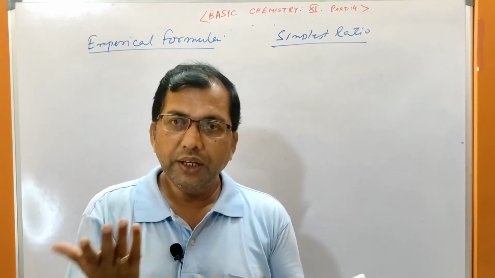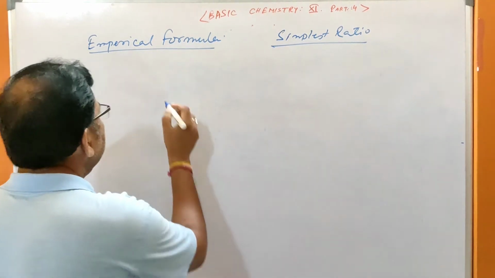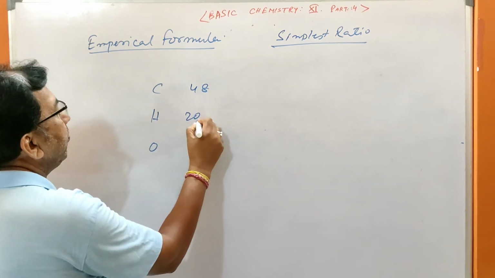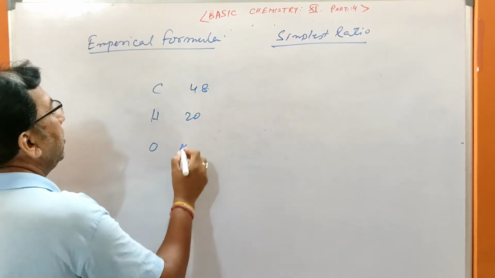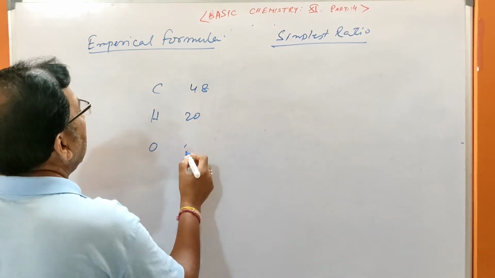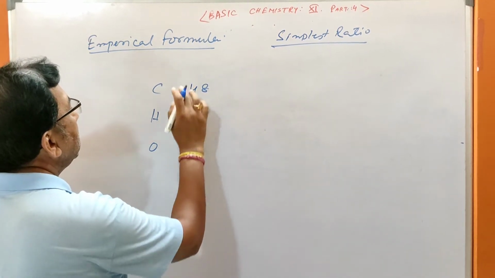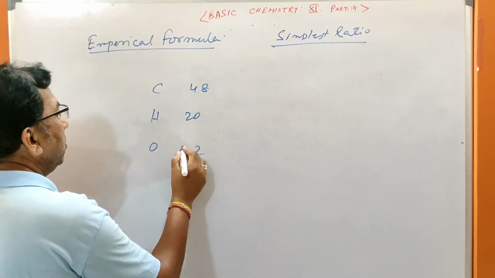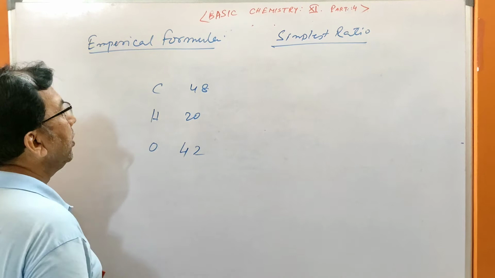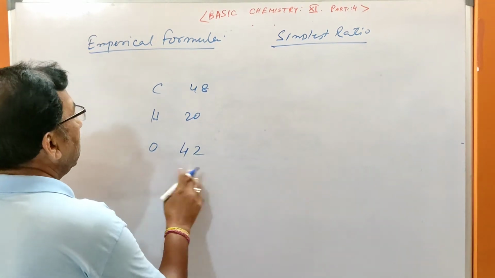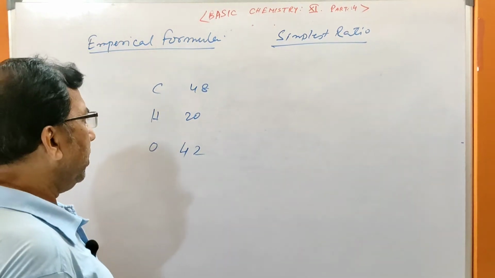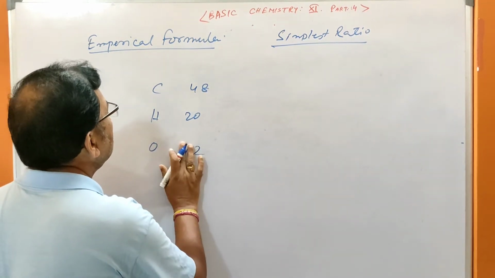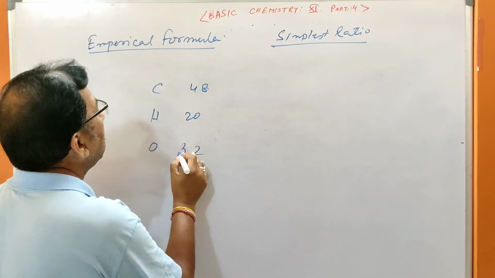Why? Suppose the percentages of carbon, hydrogen, oxygen are 48%, 20%, and 32%, totaling 100%.